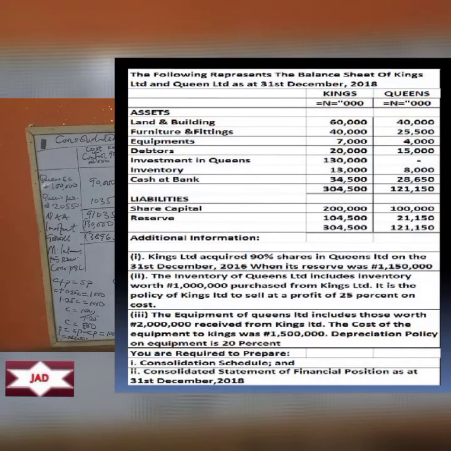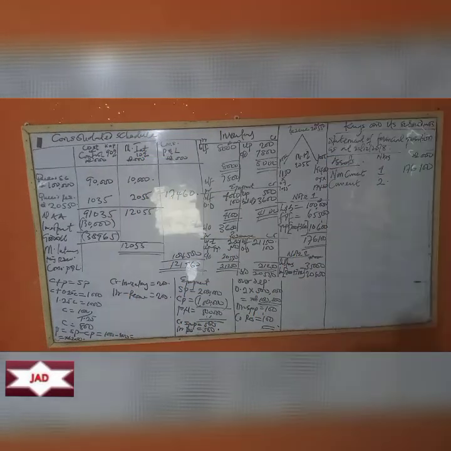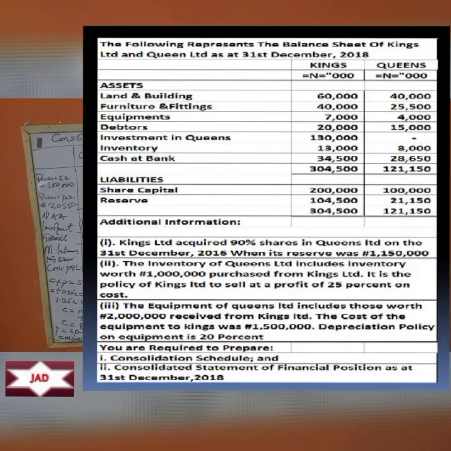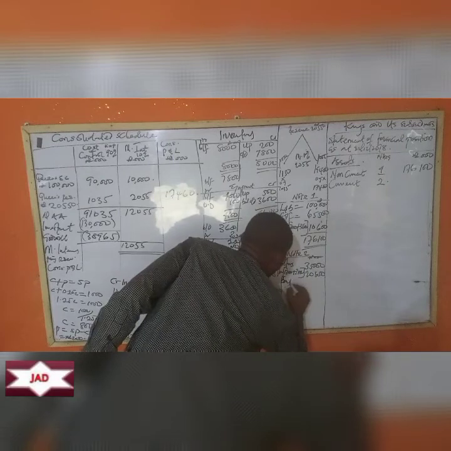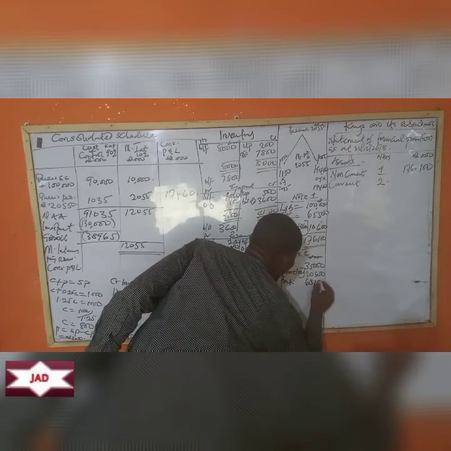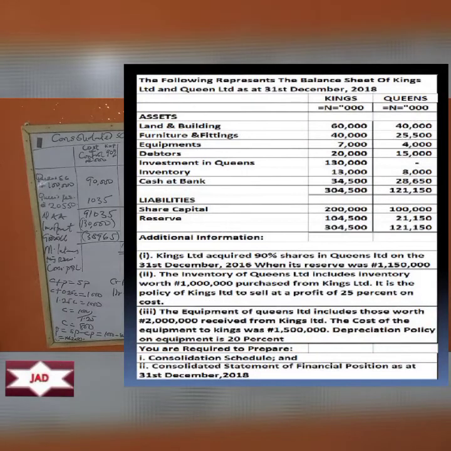Cash at bank. That's 34,500 plus 28,650. So our cash at bank is 63,150. So let's add up.